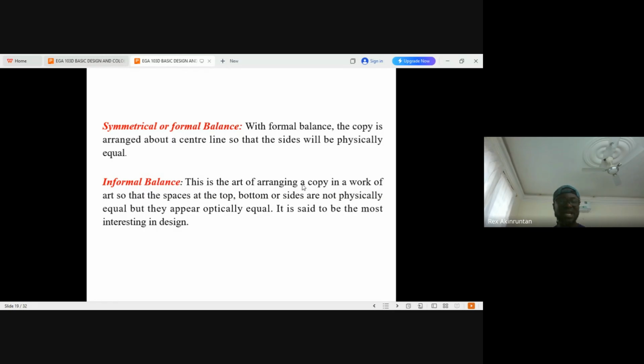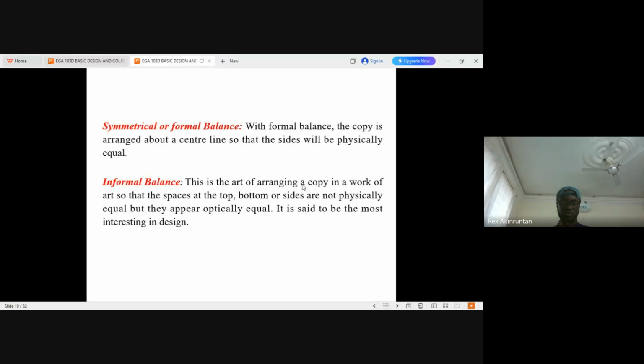So here we say informal balance. Informal balance deals with the optical illusion of the eye, while the formal one deals with physical equality. The copy is the replication of these forms.